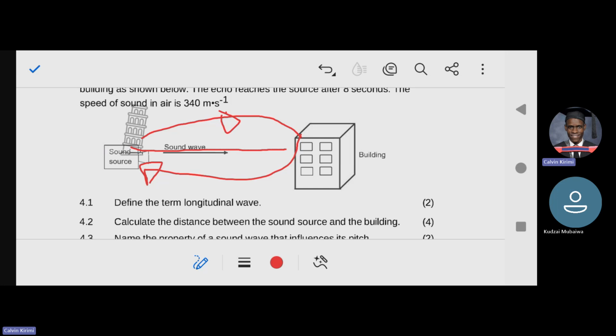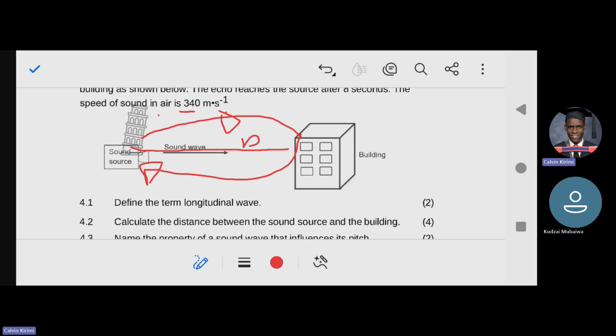So in other words, the actual time is the time taken to reach the building, not the echo. You get what is happening? The time taken for the sound to reach the building, because you are calculating the distance between the sound source and the building, isn't it? We are given the speed of sound in air.